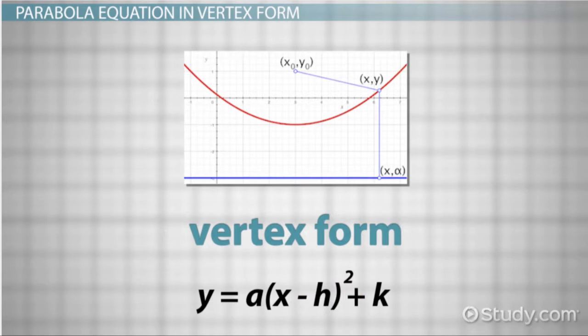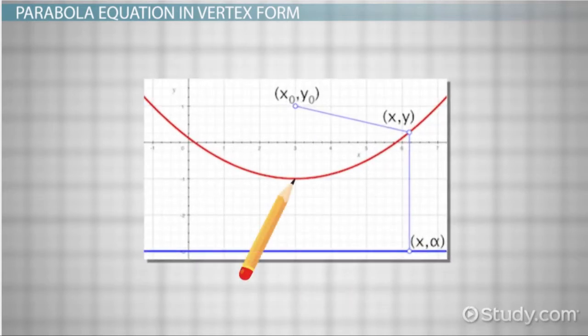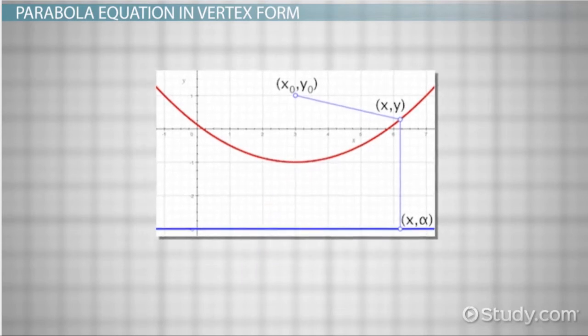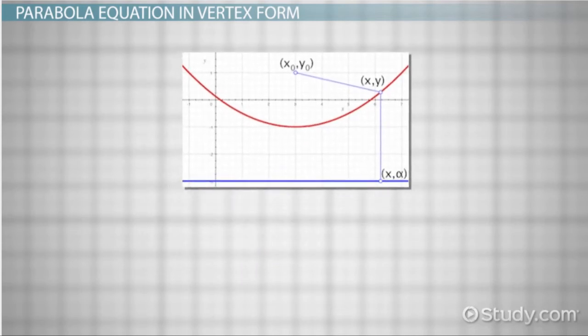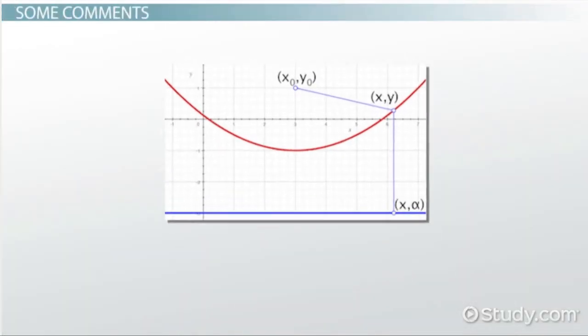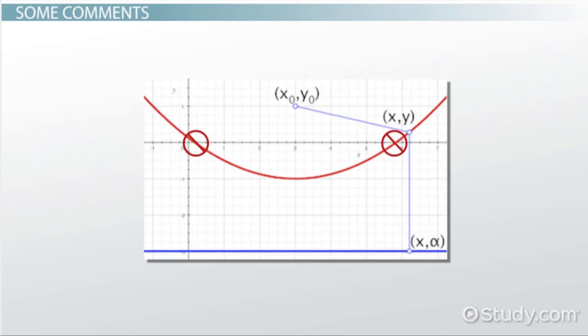This is the parabolic equation in vertex form. From our example, the location of the vertex is at 3, -1, which tells us h equals 3 and k equals -1. Thus, the parabolic equation in vertex form for this example is y equals 0.125 times (x minus 3) squared minus 1.